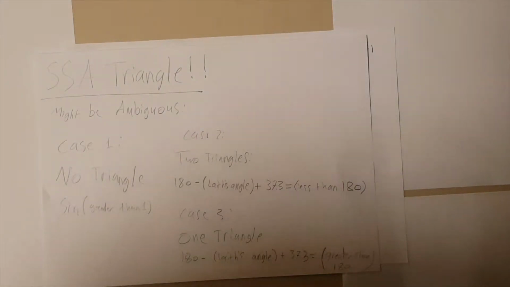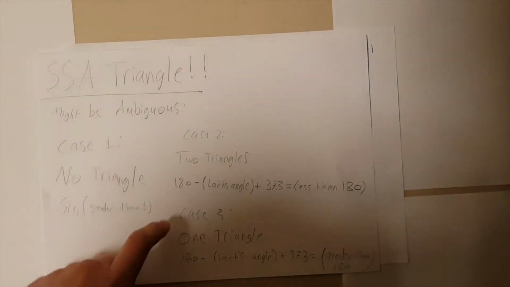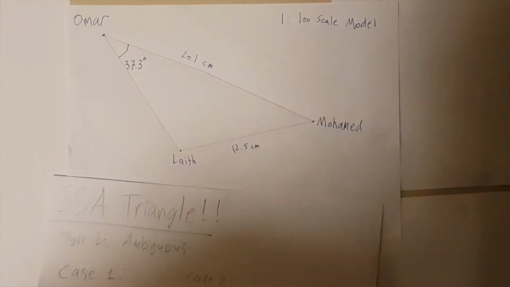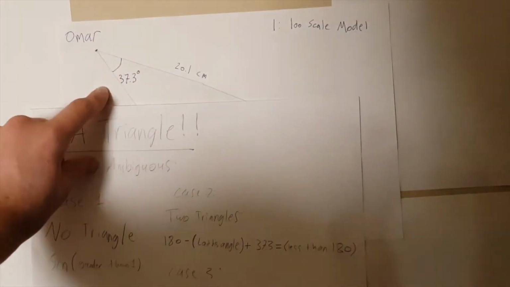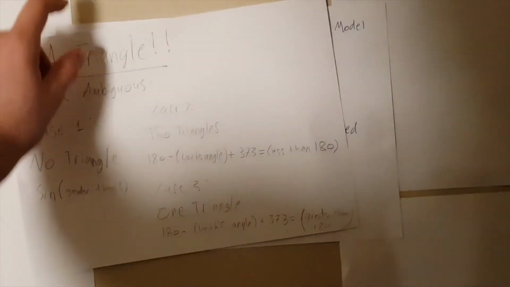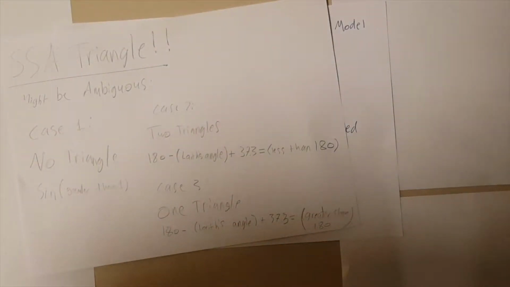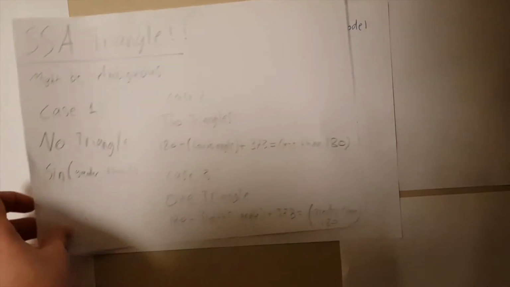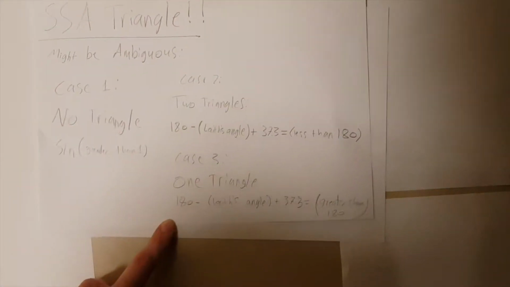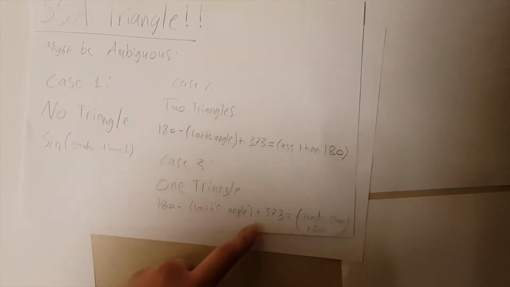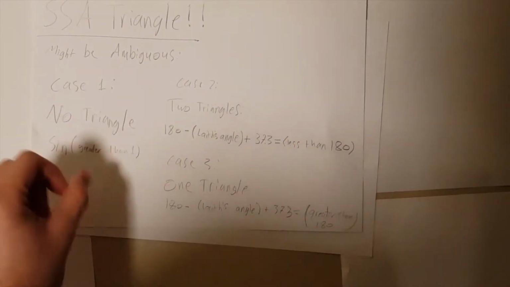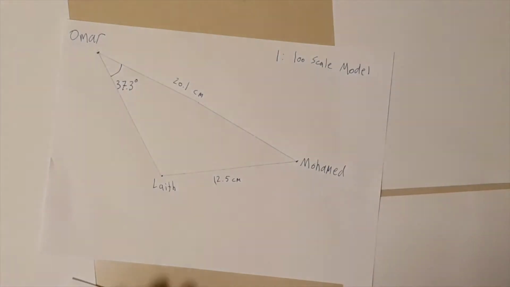Case 2 would be two triangles, where we find 180 minus Laith's angle over here, plus the angle given in the question, which is 37.3, is less than 180. That's when we might have two triangles. Case 3 is there's one triangle when 180 minus the angle we find in the question plus 37.3 is more than 180. Now let's find out.